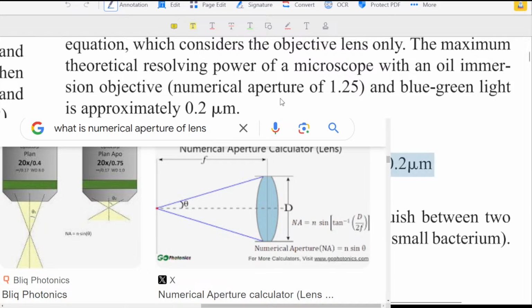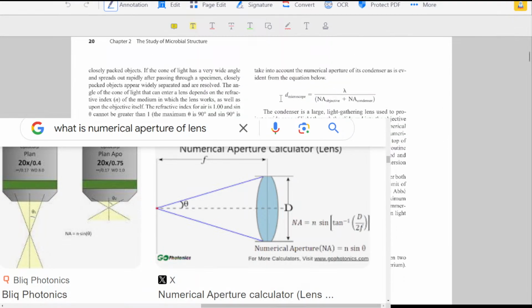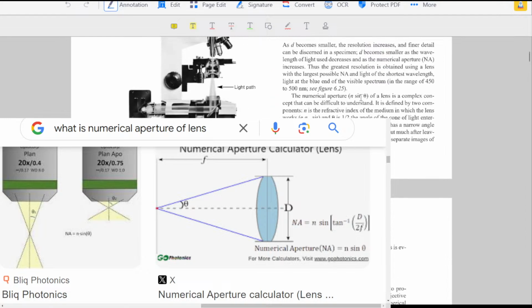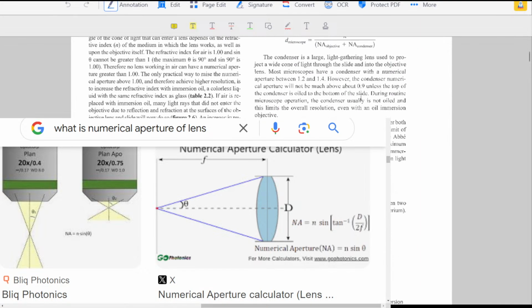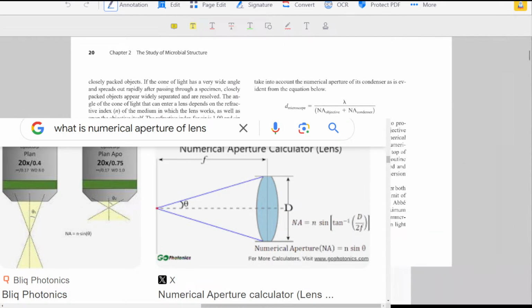What was 1.2? What is this? Did we read this formula somewhere? Alright, so 0.5 is the constant in the formula, lambda was the 530 nanometers, and n sine theta is 1.25. Alright, so the numerical aperture is 1.25.